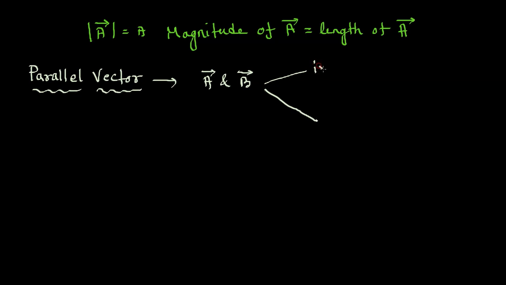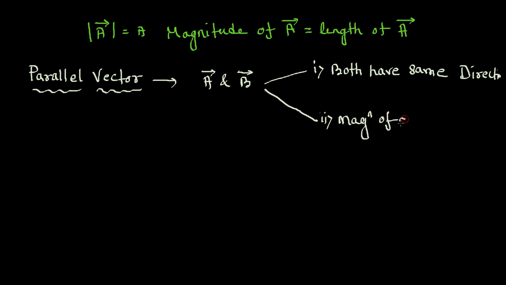The first rule is both have the same direction. Second, the magnitude of one is a scalar multiple of the magnitude of the other.